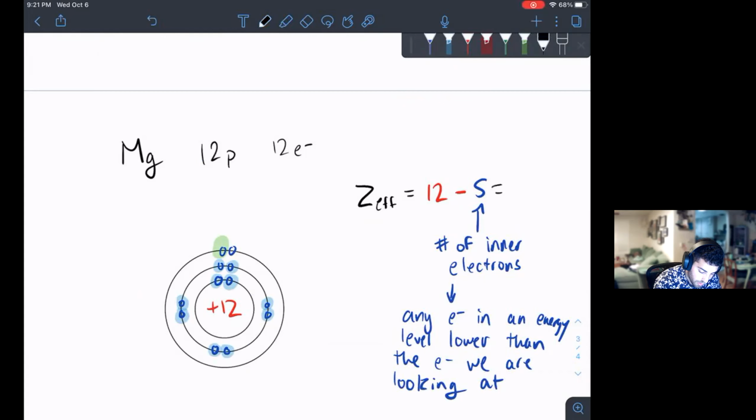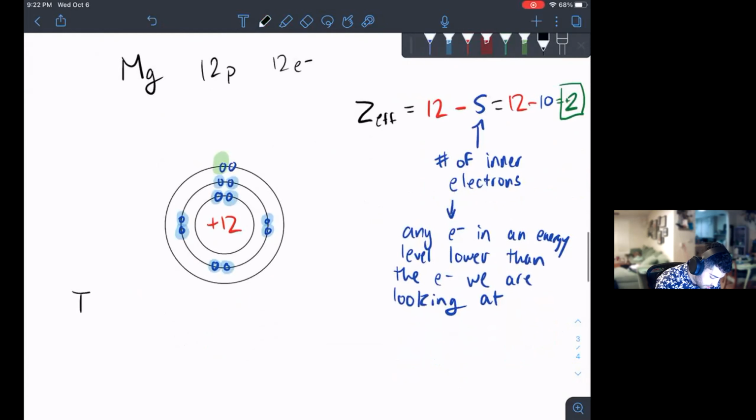It's just going to be 12 minus 10, which equals plus 2. So the effective nuclear charge of the magnesium nucleus on the outermost electron is plus 2.